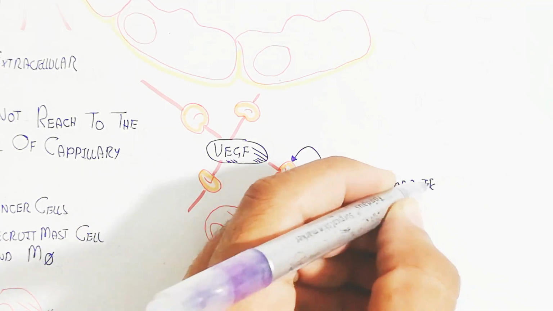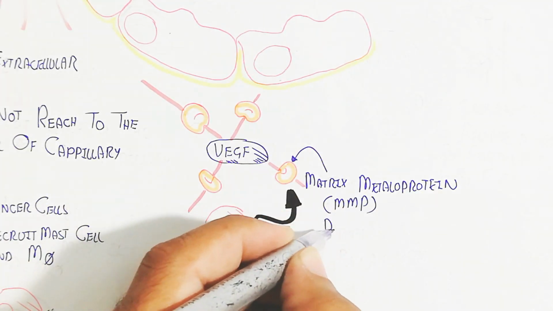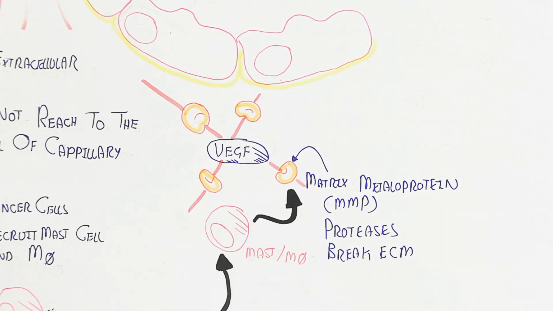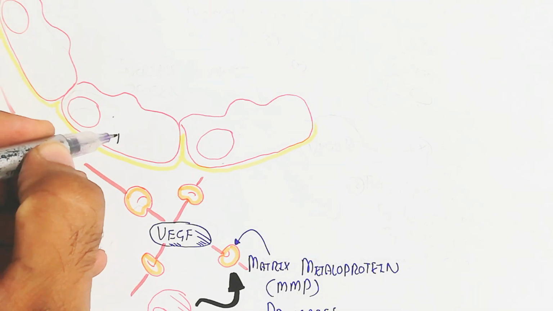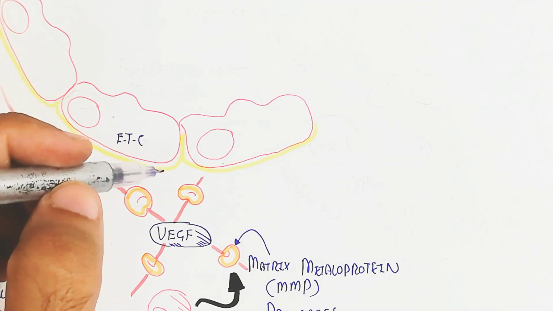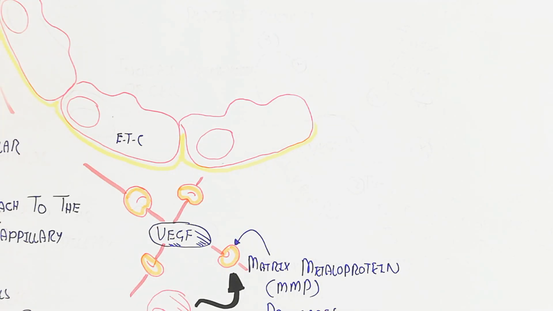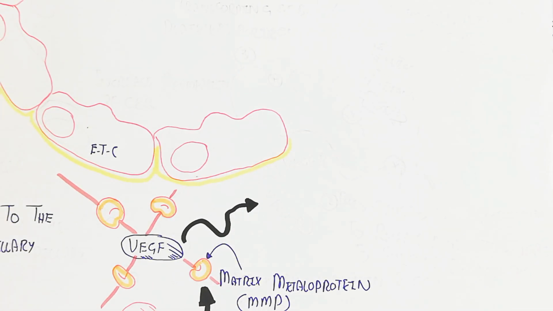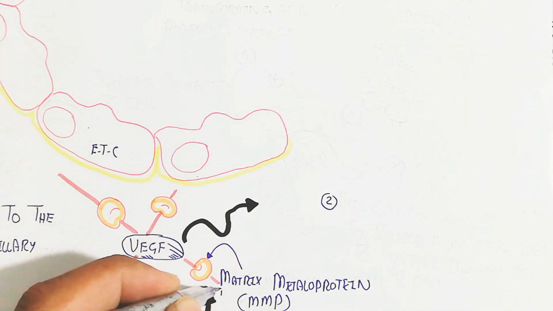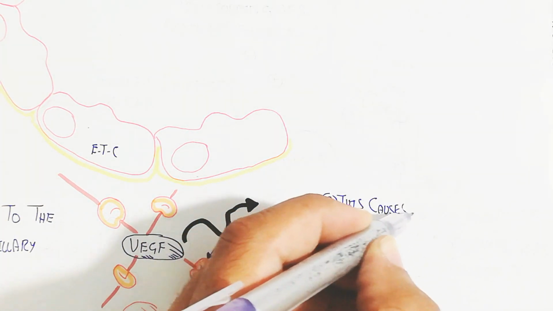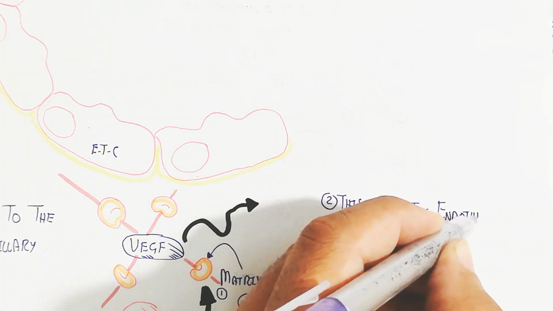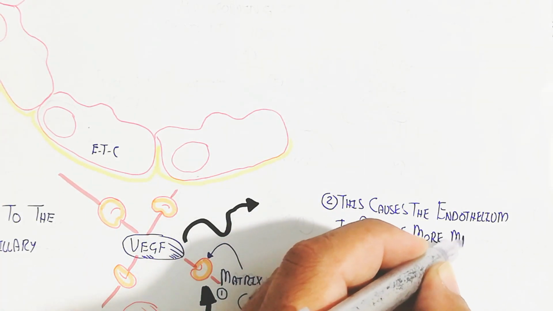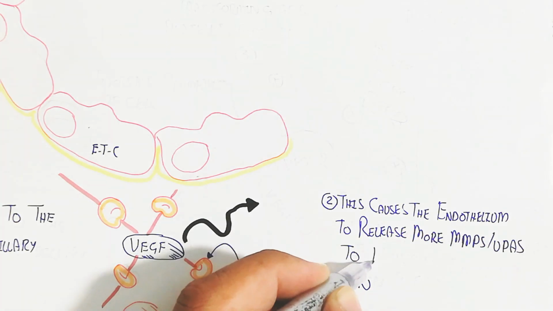So number one, the important thing you need to understand: the VEGF will be released, and in this way it escapes and targets the endothelial cell, because it is then easy to access the receptor. The VEGF receptor will bind with the VEGF, and this binding leads to growth of the endothelial cell and increases the permeability of the cell.